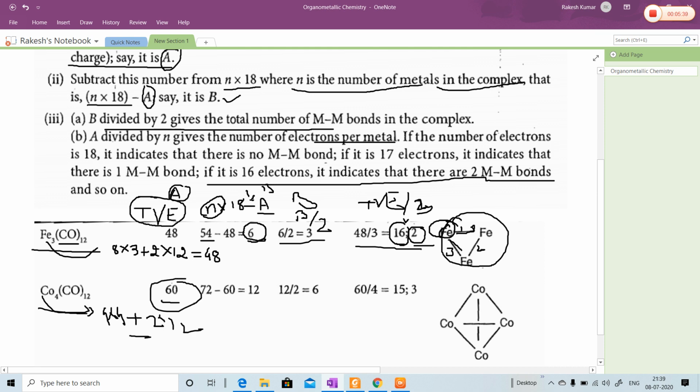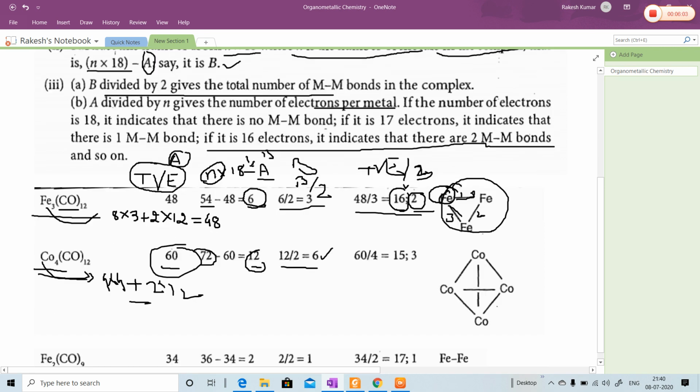In the second step, n into 18 minus total valence electron. So n is the number of metal atoms, these are 4, and 4 into 18 means 72, minus 60 is equal to 12. And in the third step, this B term divided by 2 will give you 6 metal-metal bonds.